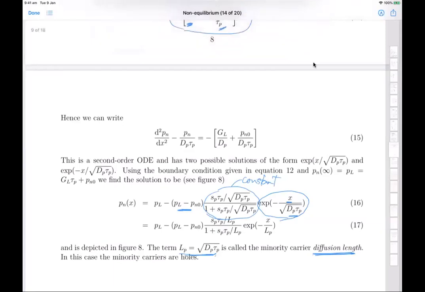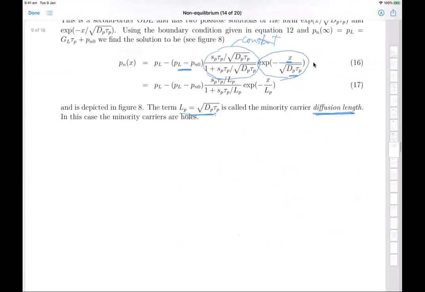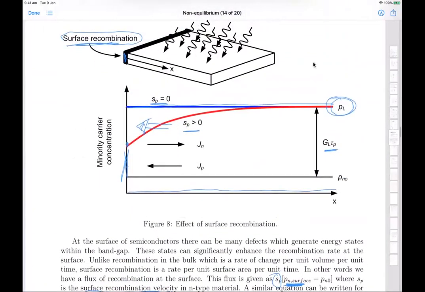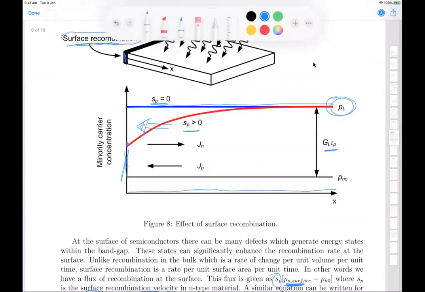So if we go back to our result, we see, yes, this is the exponential term represented in the equation that we derived. Far away from the bulk, we have PL.